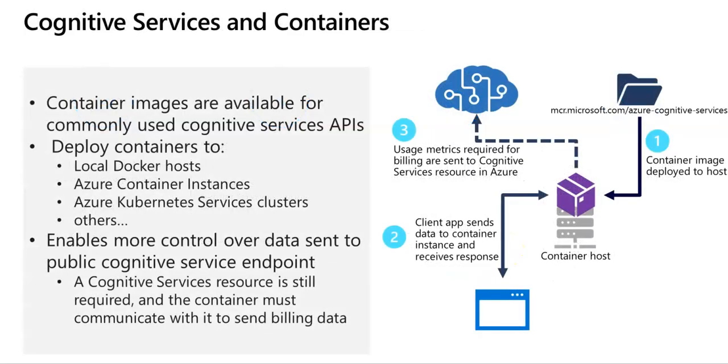Now, moving forward, let's talk about cognitive service and containers. So, containers allow you to host the Azure cognitive service either on-premises or on Azure. For example, if your application uses data in an on-premises SQL server, you can deploy the cognitive service in containers on the same network.